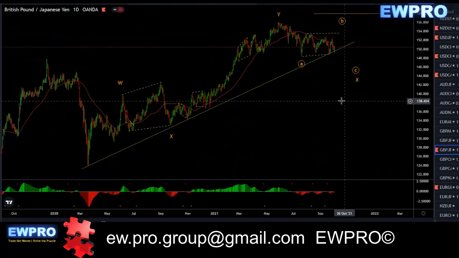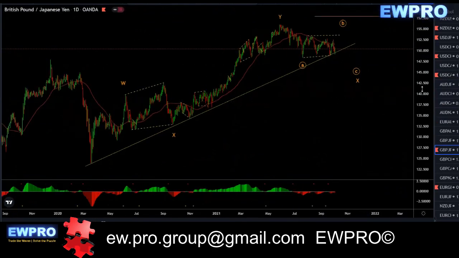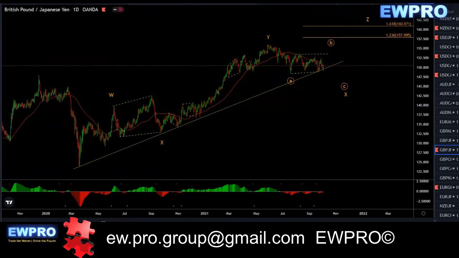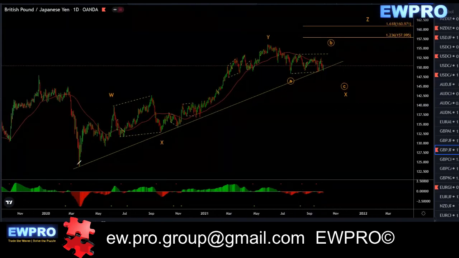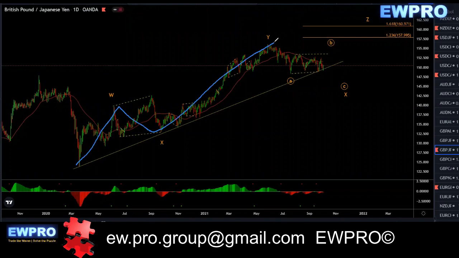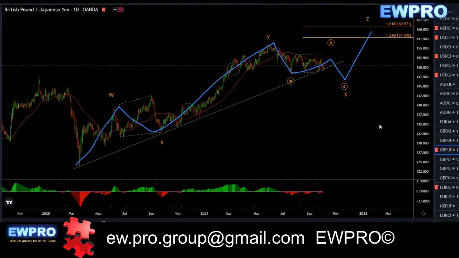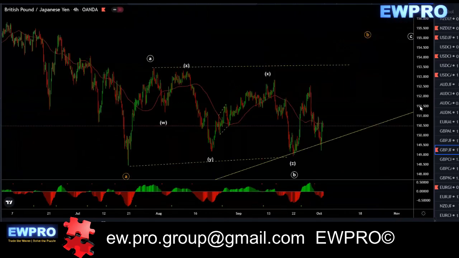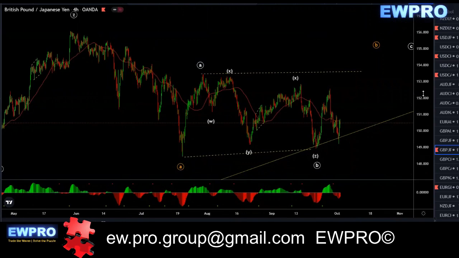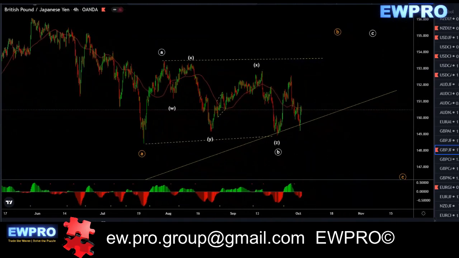Looking at the GU on the daily, we're looking at that W, X, Y, A, B, C in the X2, and then the Z up. On the H4, again, this is quite difficult.